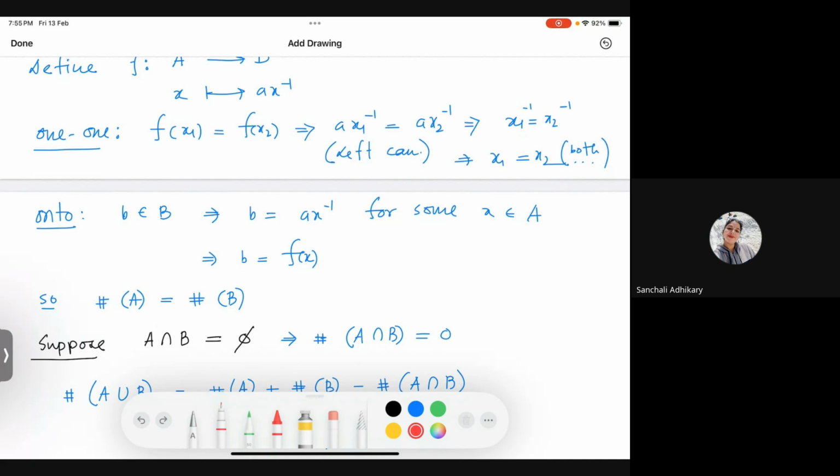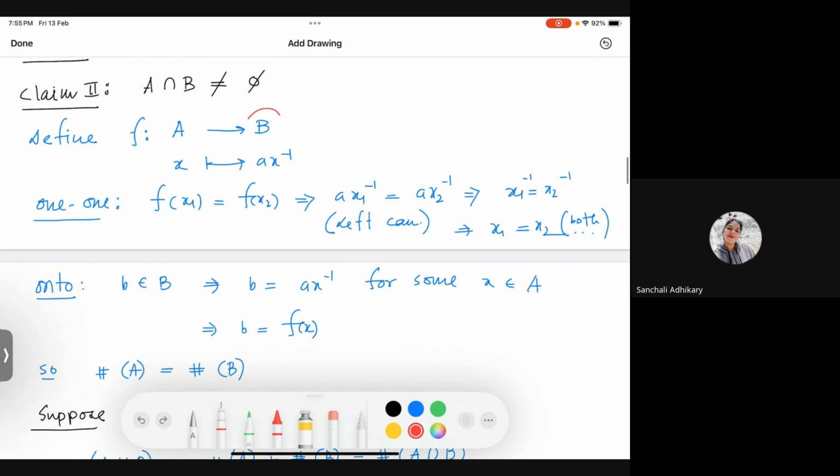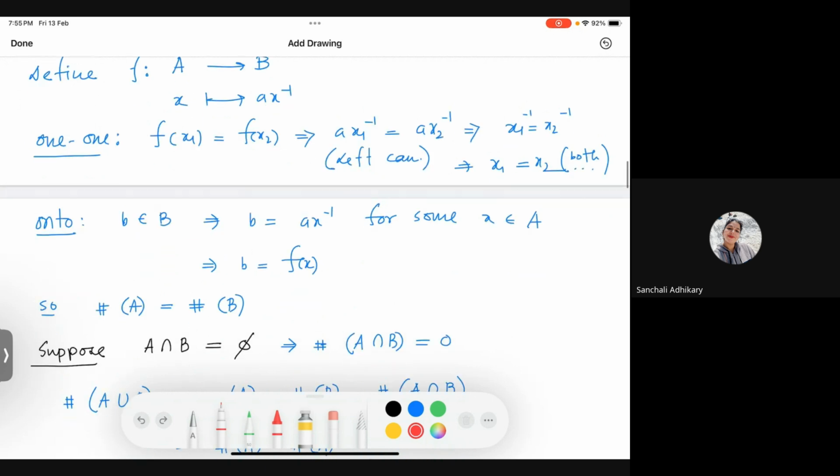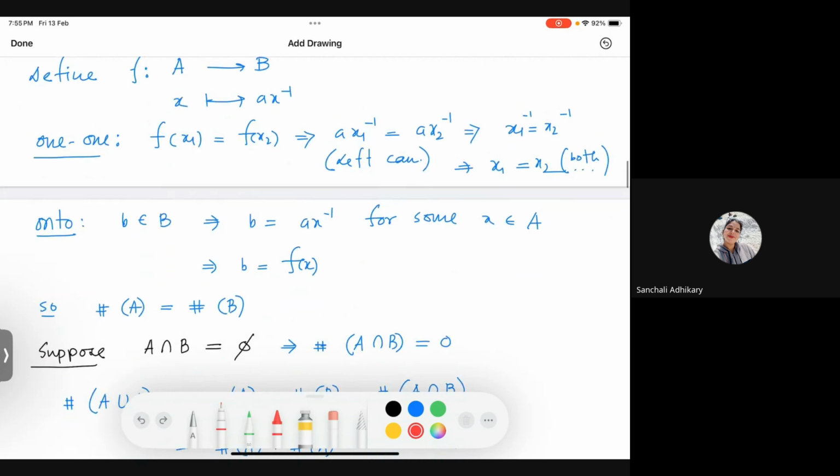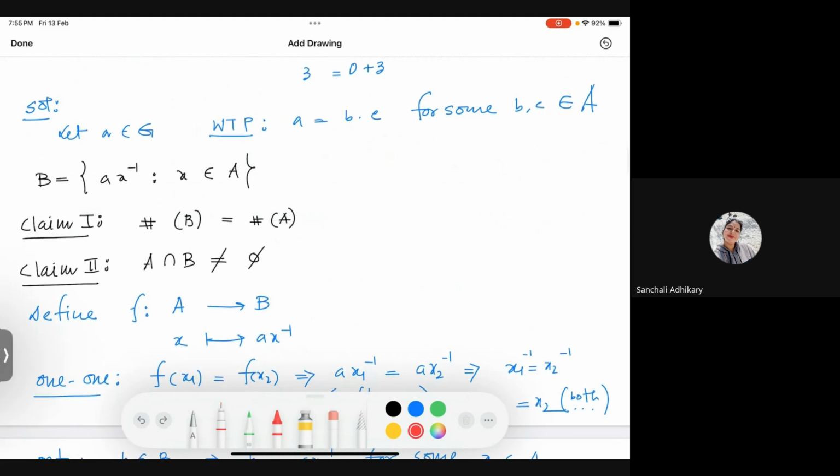Why? If you take any element small b from this capital B, then show there exists an element in A whose image is b. So if b belongs to capital B, what are the elements of B?